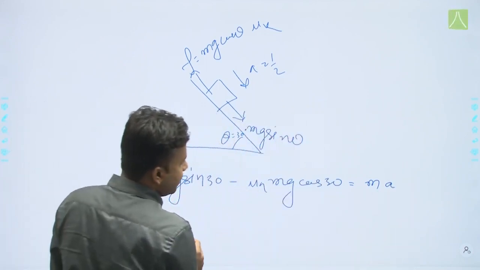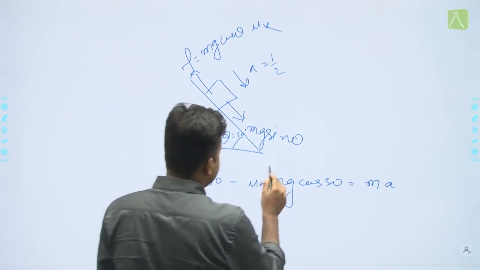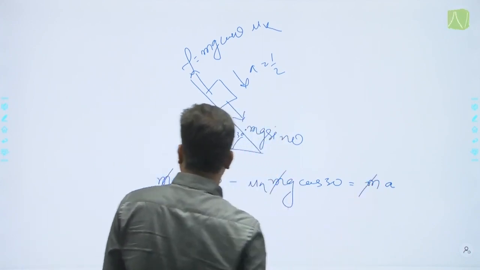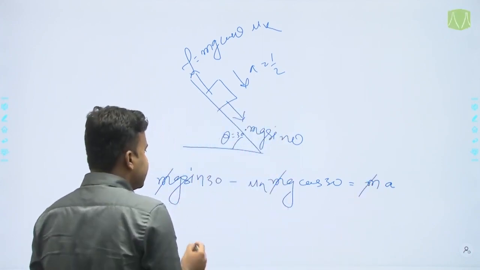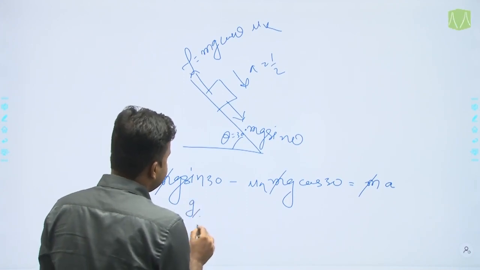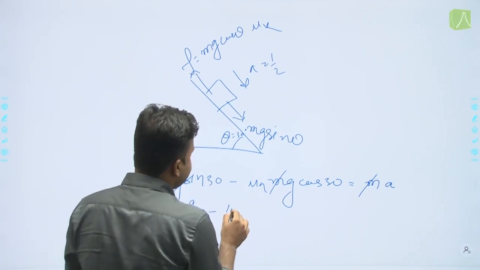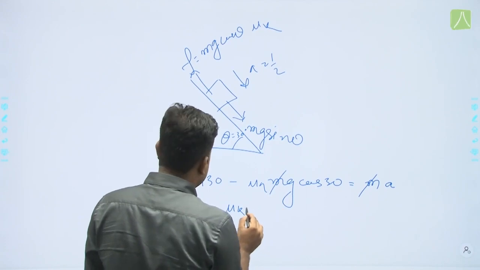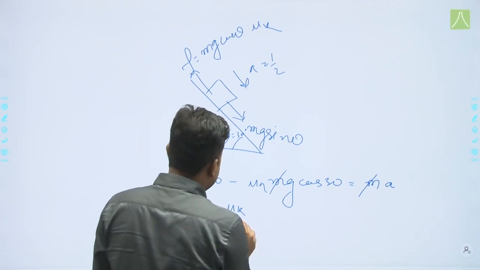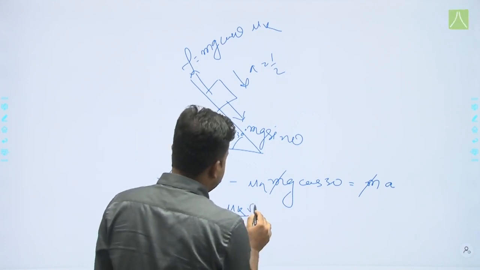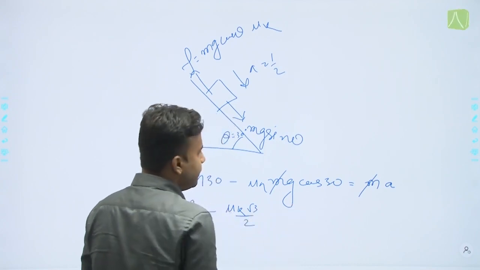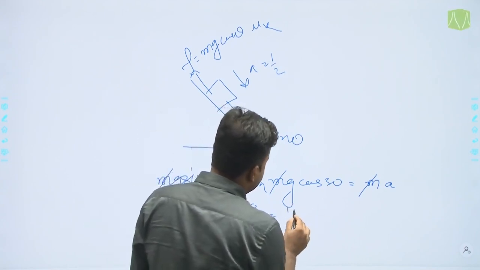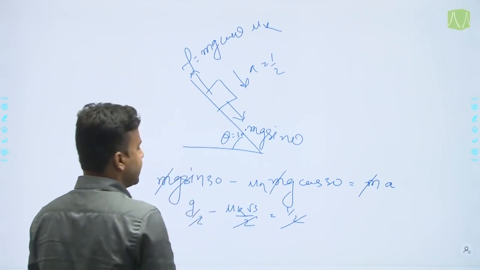From here, m is in every term, so we can cancel it out. Now we have g sin theta, so we can write g by 2 here, minus mu k cos theta, so mu k root 3 divided by 2 is equal to a, 1 by 2, and again 2 cancels out.